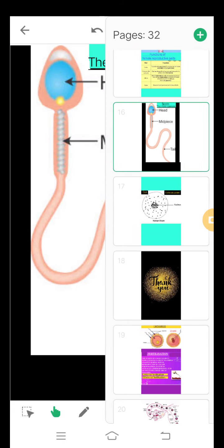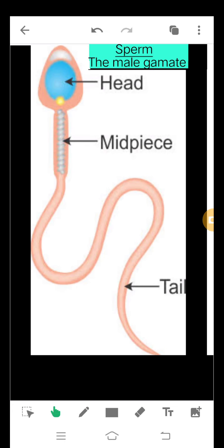Now if we look at the gametes which are produced, we said that the male gamete is called the sperm. This is actually a single cell which has three different parts: the head, the middle piece, and a tail.